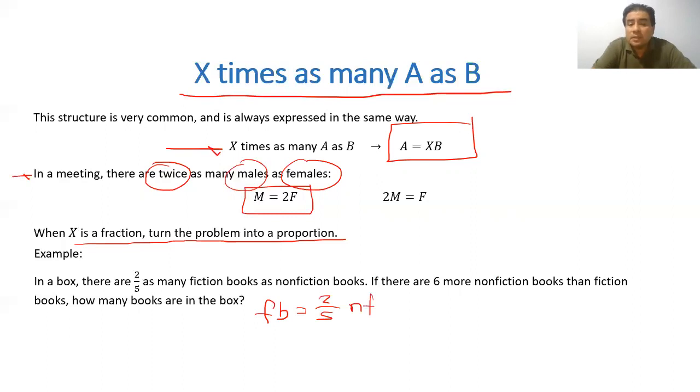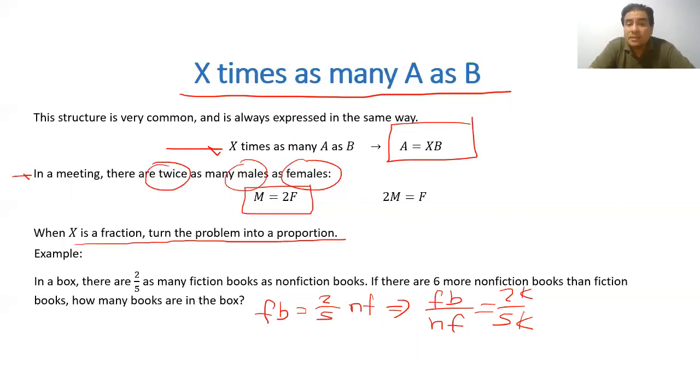But instead of dealing with the proportion in this way, I can write fiction books over non-fiction books equals 2/5, or 2k over 5k.